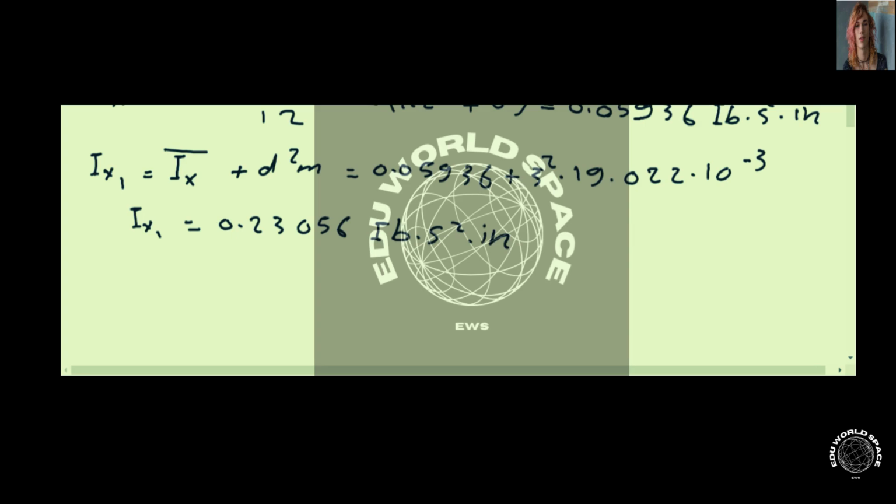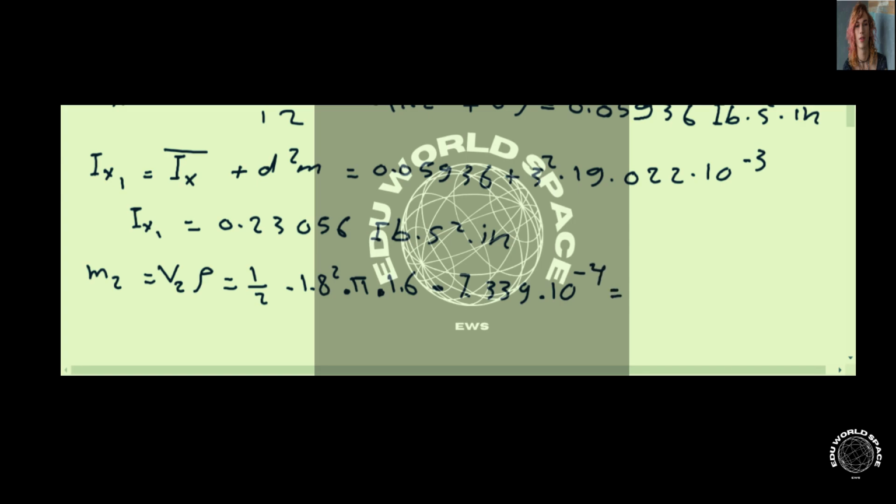The mass of part 2 is m2 equals v2 rho, equal to half multiply 1.8 squared multiply 1.6 multiply 7.339 multiply 10 power negative 4.